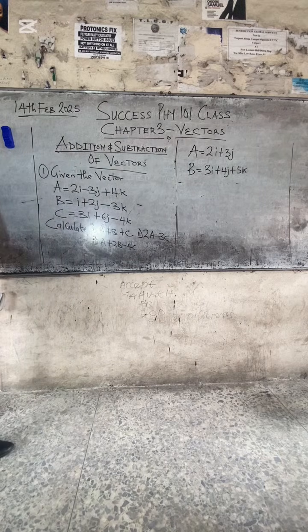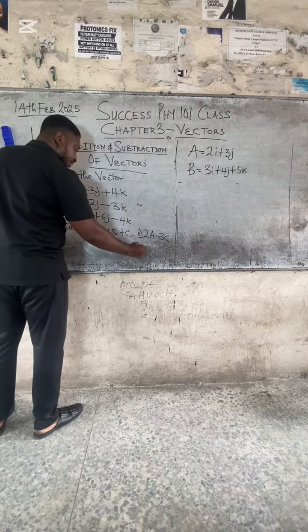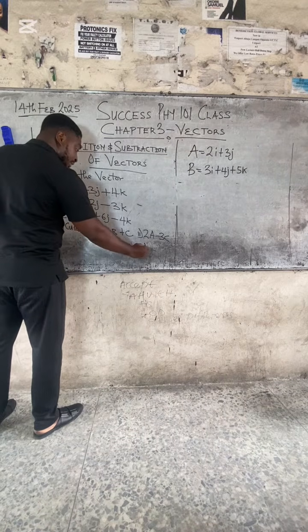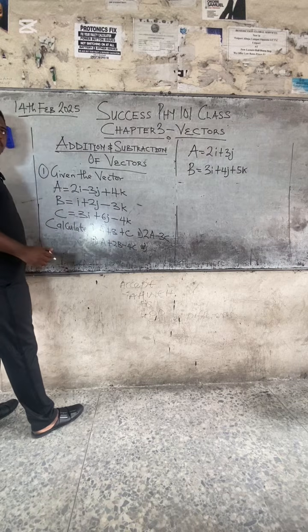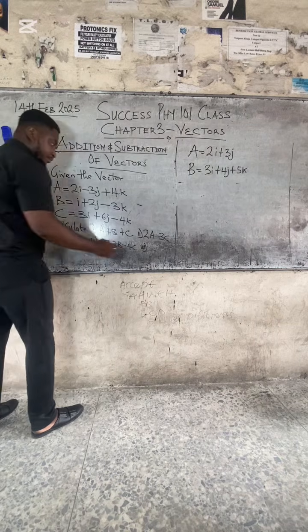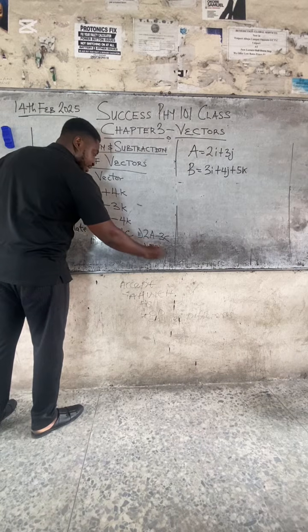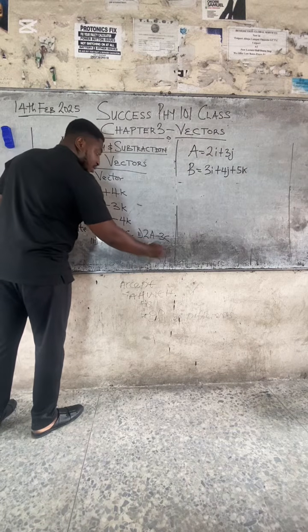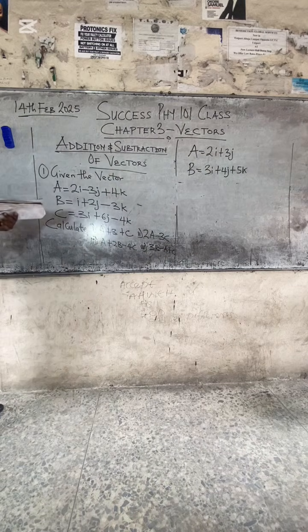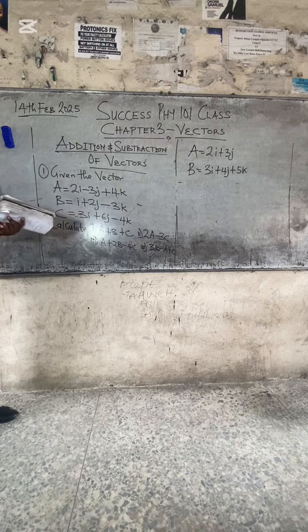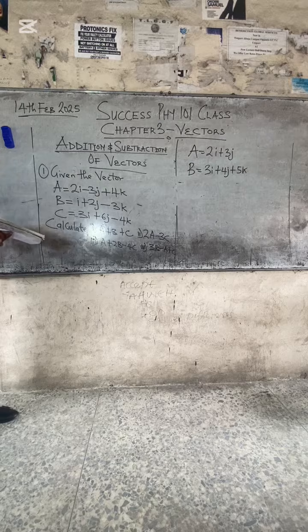Sorry, this should be 3, so this is 1, 2, 3, and question 4, 3B minus A plus C.